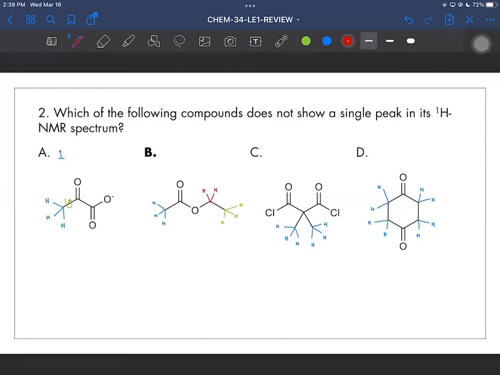So we see that in this compound, this is a highly symmetrical molecule, and we can draw a line or a plane of symmetry down sa center ng molecule na ito, dividing it into identical left and right portions. So yung methyls dito, these methyls are actually just identical. These are chemically equivalent due to symmetry.